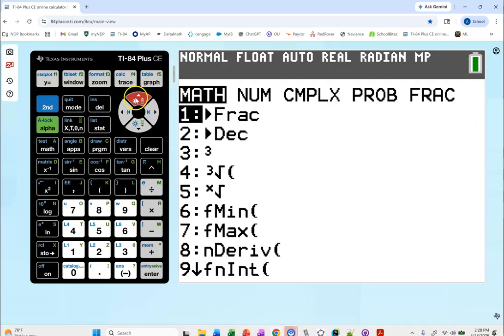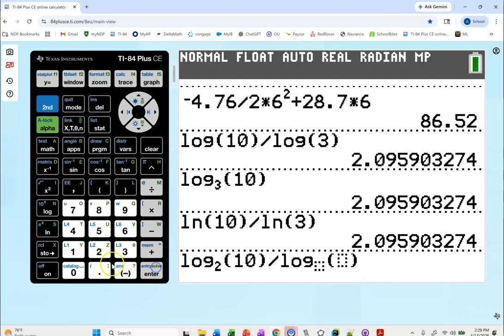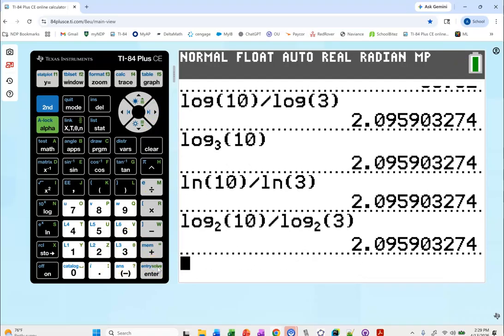Yeah, it'll still come out to be the same thing, but that's pretty silly because you had to use the log base command to do that when you could have just used the log base command anyway. But it doesn't matter. The point is that the base is your choice. You can pick any valid base. And that's it.